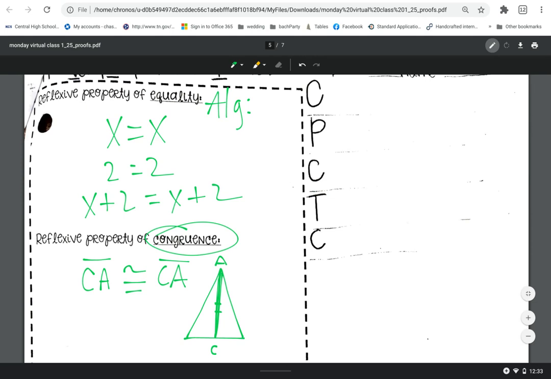You can also have, let's say I have a big triangle and I have a smaller one within it. Oh no, that's similarity. Let's not do that. So triangles can also share an angle.